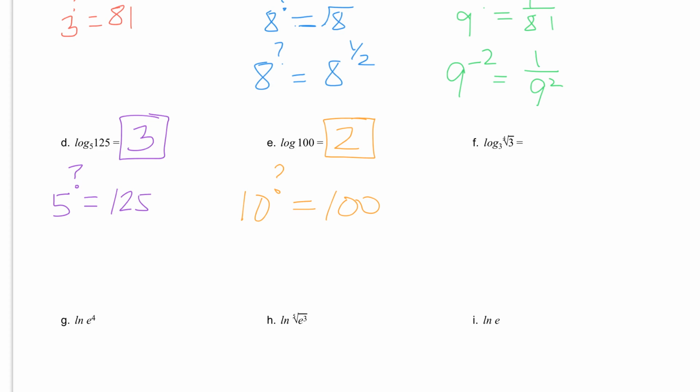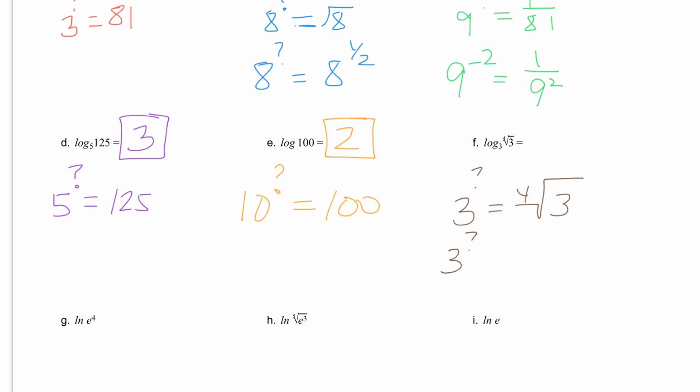In letter F, we have a base of 3. So 3 raised to what power will give me the 4th root of 3. So just like in letter B, when we rewrote the square root of 8 as 8 to the 1/2, we can do the same thing here. This can be rewritten as the following.